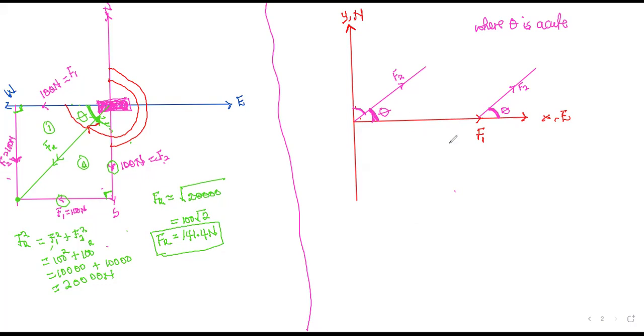Then I'm going to also draw the equal vector of F1. Put that on the head of F2. Let me change the color. Today I'm a color man. It means I must extend the other one a little bit.